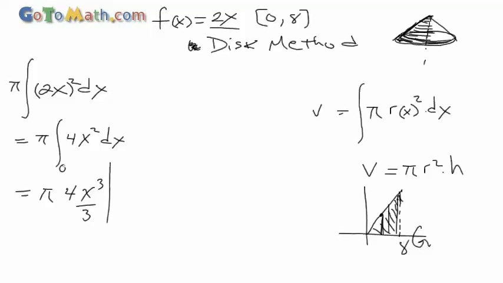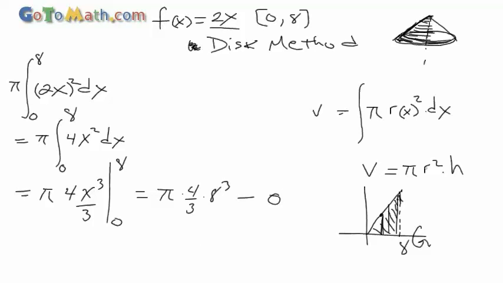I forgot to write down our limits here, 0 to 8. So we plug in 8: pi times 4/3 times 8 cubed, minus, then plug 0 in, and you get 0.